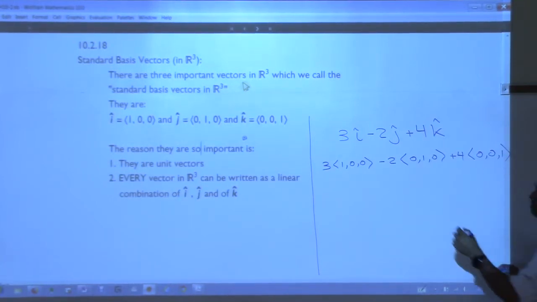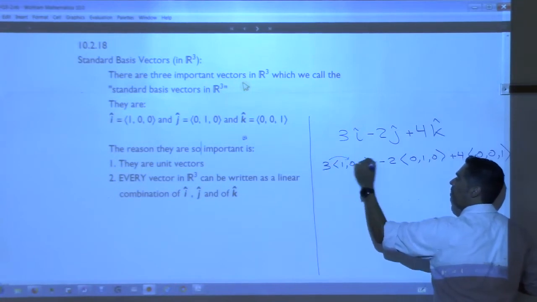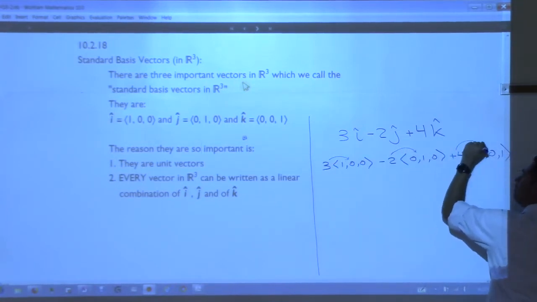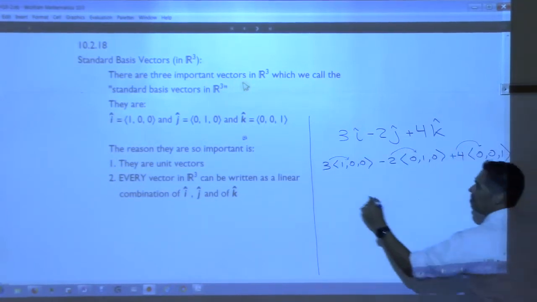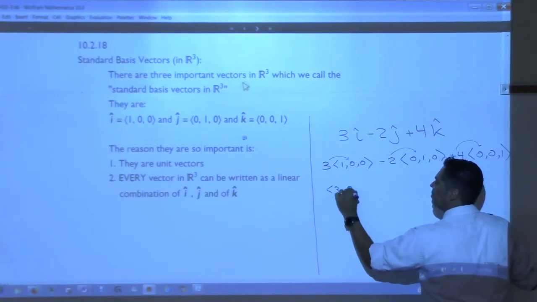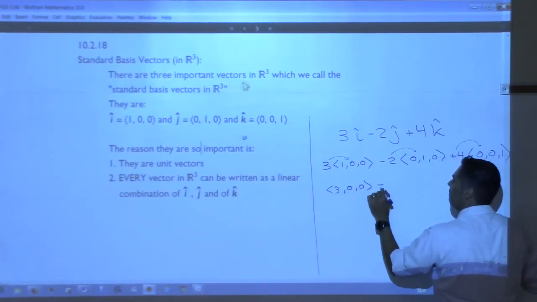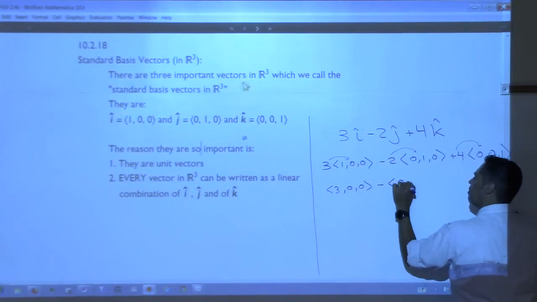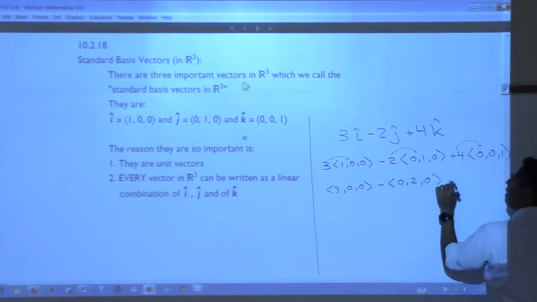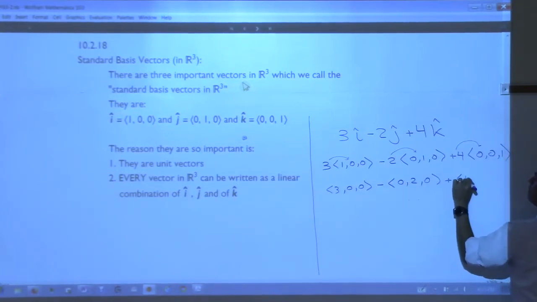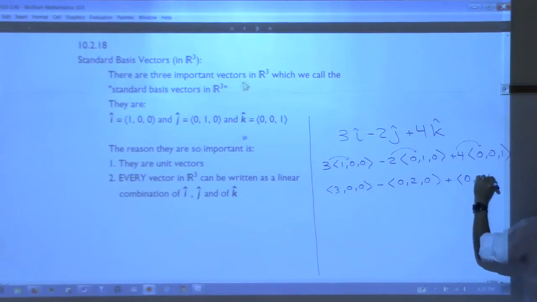And then I'm going to scale through, so I'm multiplying my 3 through here, my negative 2 here, and my 4 here. And so I'm going to get the vector 3, 0, 0, minus the vector 0, 2, 0, then distribute here, plus the vector 0, 0, 4.